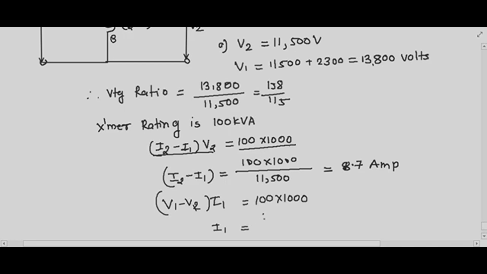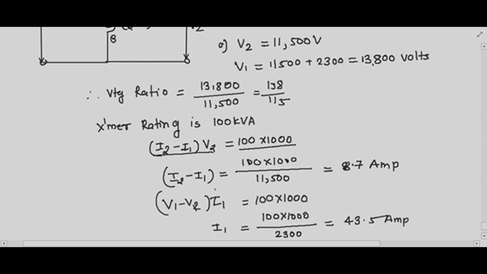I1 will be equal to 100 into 1000 divided by 2300, because V1 is 13,800, and 13,800 minus V2, 11,500, will be 2300. So I1 I will get 43.5 ampere.